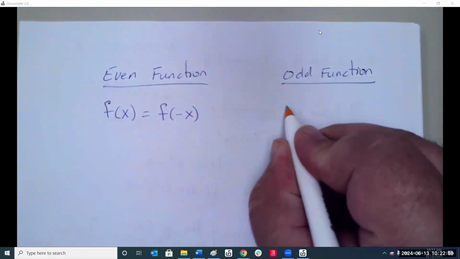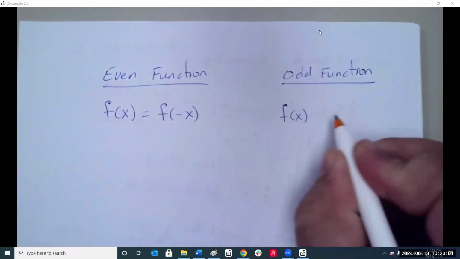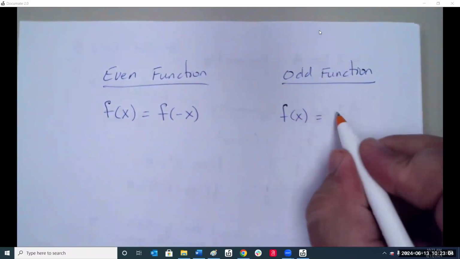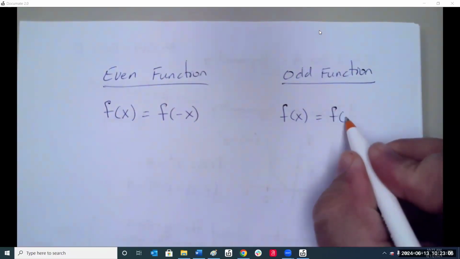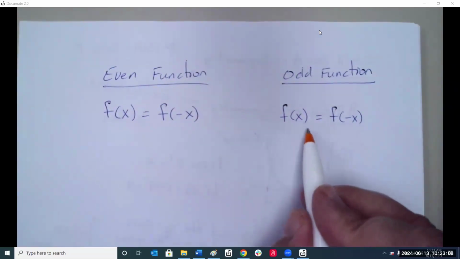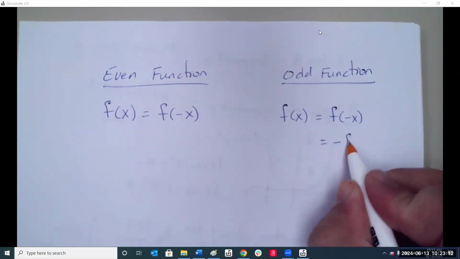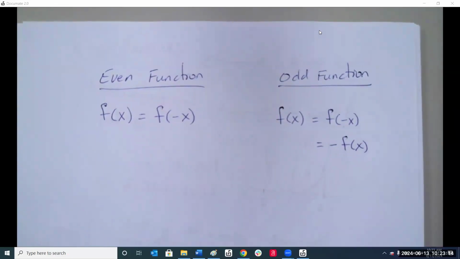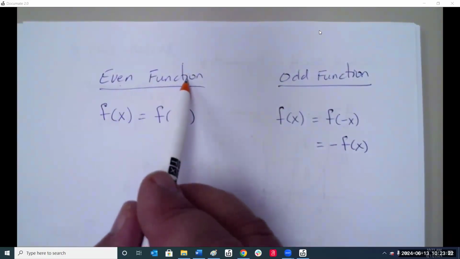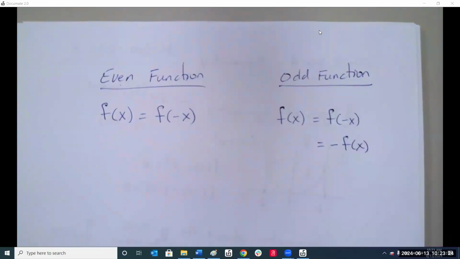An odd function is if you place a negative inside the function, you get the negative of the original function. Again, this one's symmetric about the y-axis. This is symmetric about the origin.